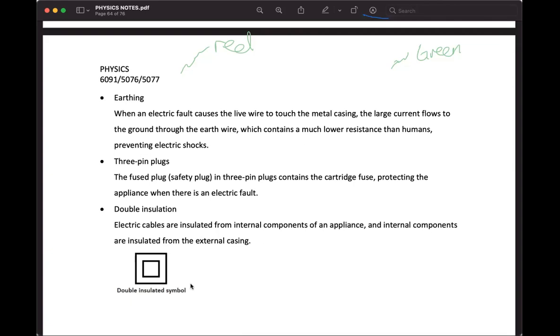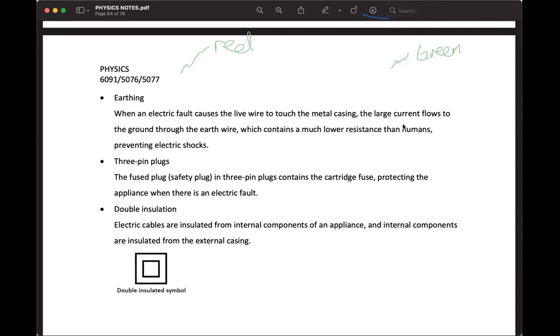Any questions for this topic? A lot of the things in this topic are facts. I need you all to go and read and remember. I believe most of you have already learned this topic in school.